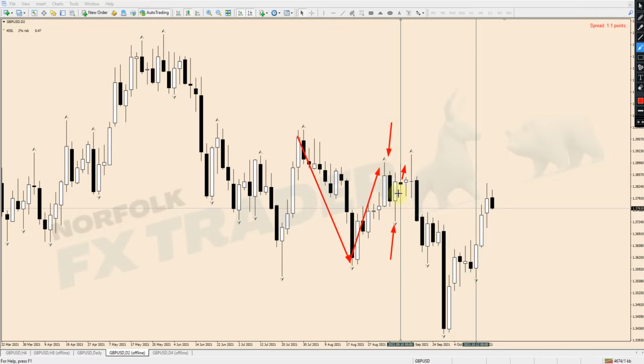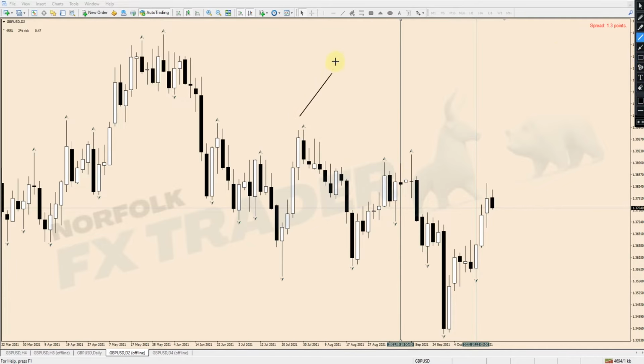So a pin bar or this type of candlestick is exactly what you want to be looking out for when you're looking for that potential reversal to the downside. Now, what I mean by this type of pattern, let me just quickly show you.